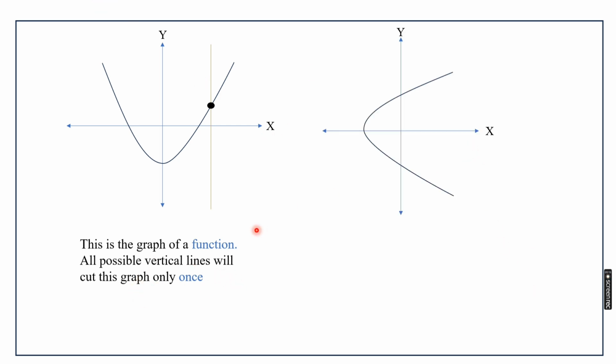And this is the inverted one. It's a parabola. Then we draw a vertical line at any point.